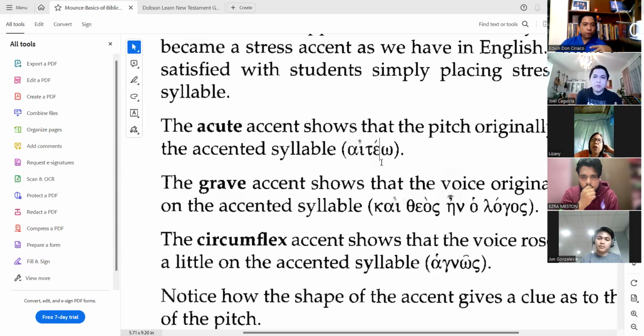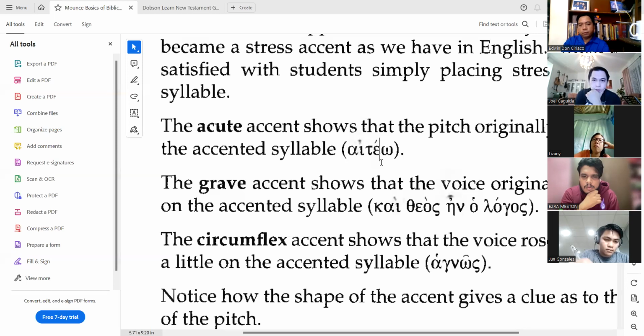Aiteo, Aiteo. If you read it very fast, you could hear the accent on the epsilon. So that is also a bonus, we should say, when you're reading Greek with other students studying Greek. That is an advantage.